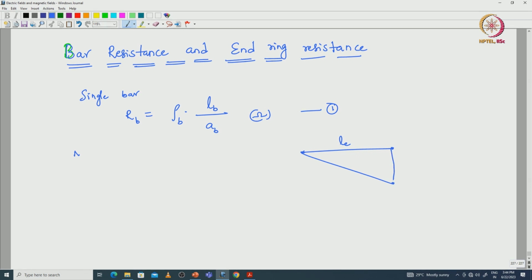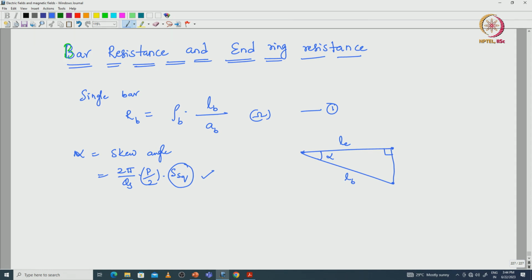If we consider it as a right angle triangle, the skewing angle will be alpha, where alpha is the skew angle, which is equal to 2 pi by qs, the slot angle with respect to the mechanical aspect, into p by 2, which gives the electrical angle, into SSQ, which gives how many slots we are skewing. LE we know, and the length of the actual bar with skewing we have to calculate.